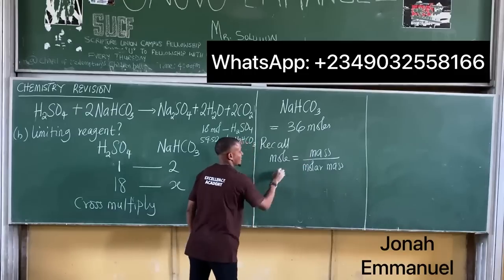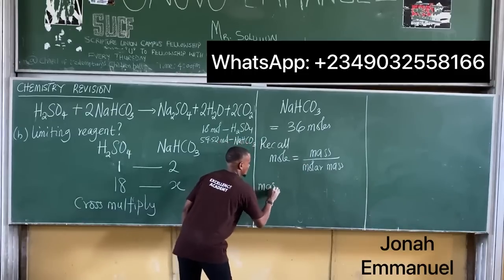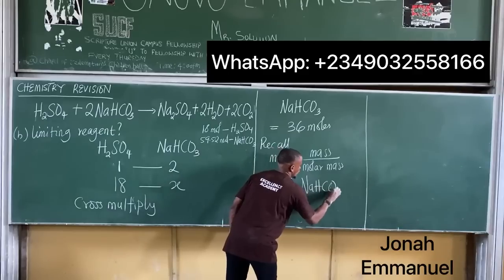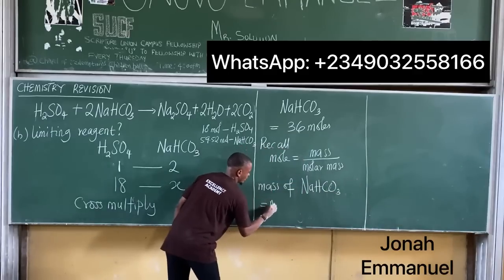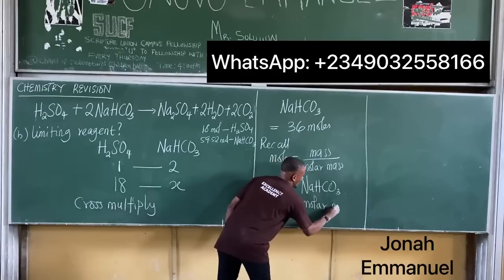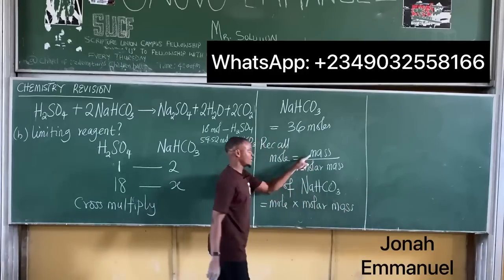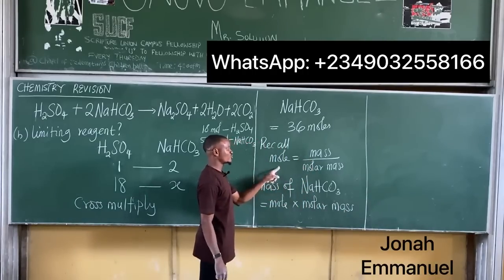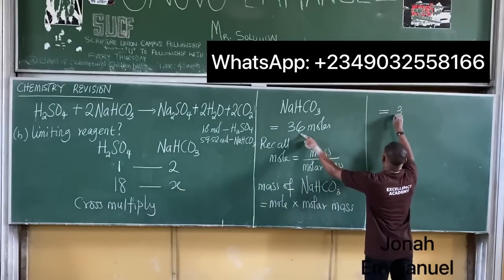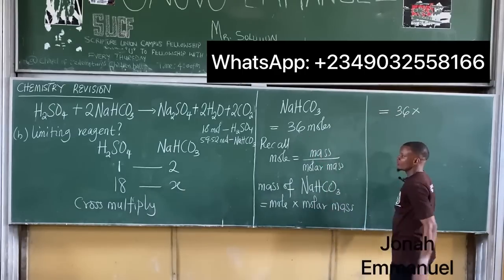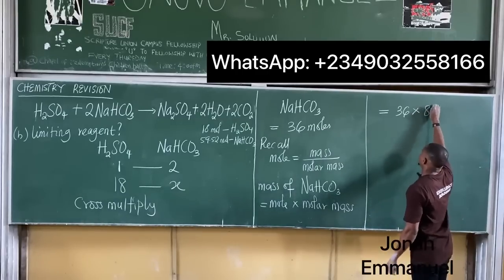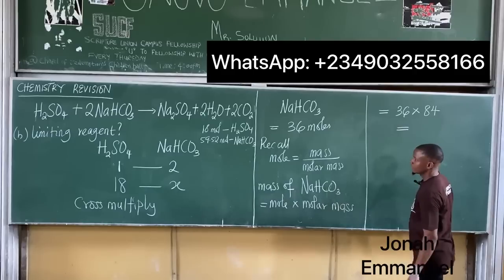So we can get the mass by saying mass of NaHCO3 is equal to mole times molar mass. So that's equal to 36 times the molar mass, which we calculated as 84. So please give me the value.